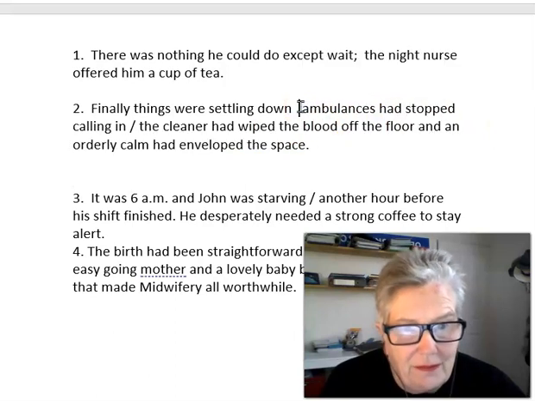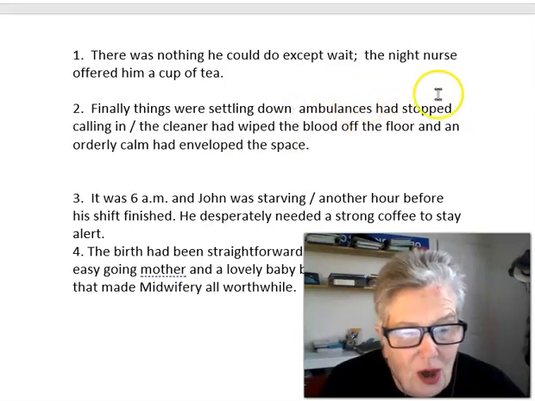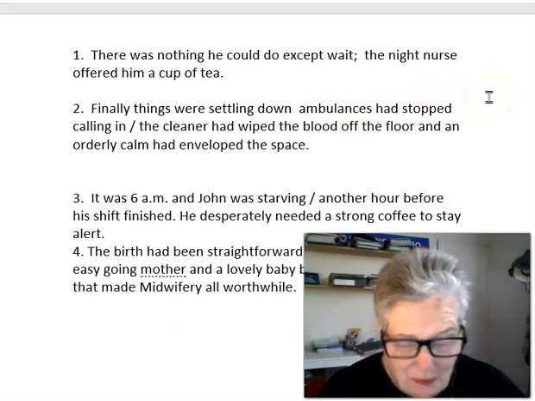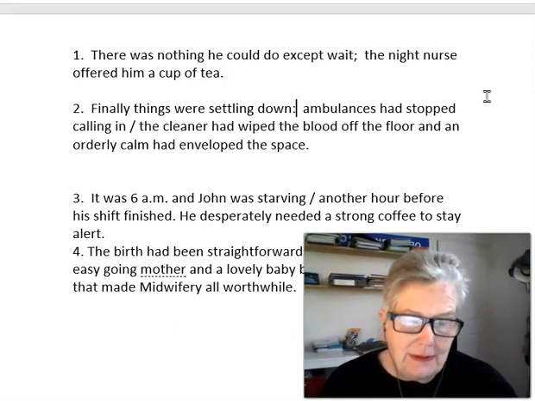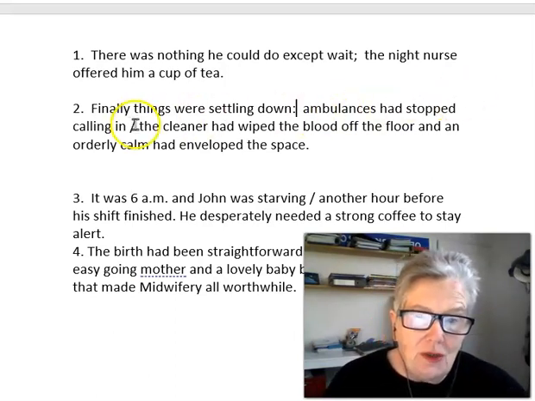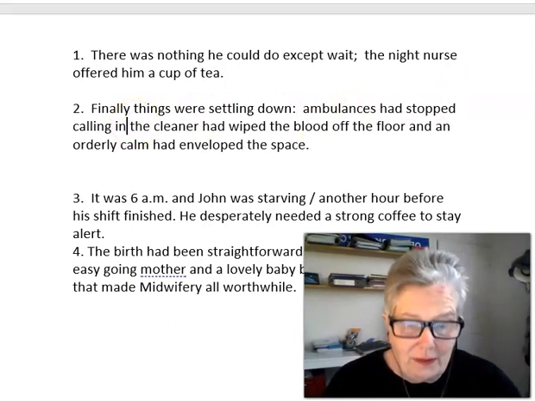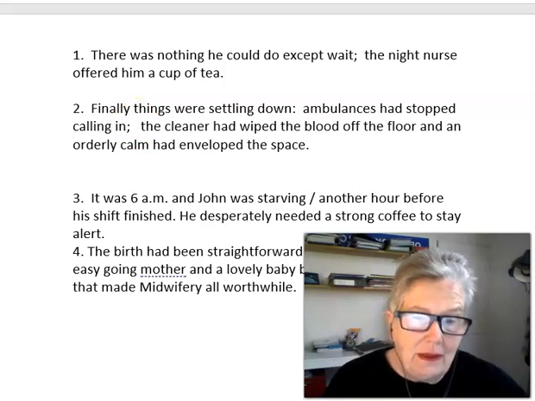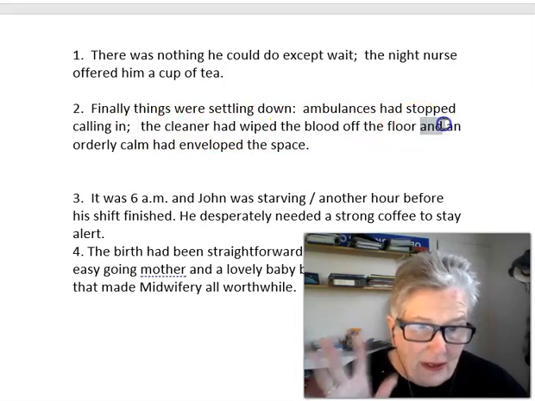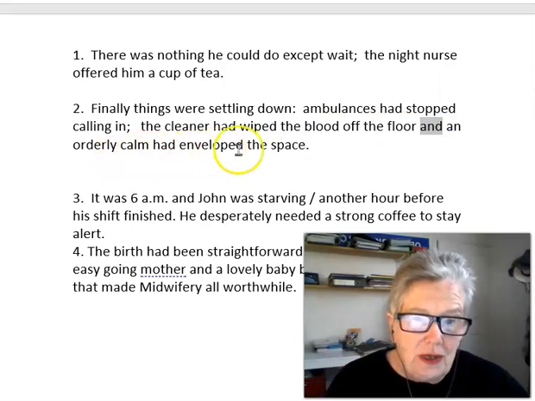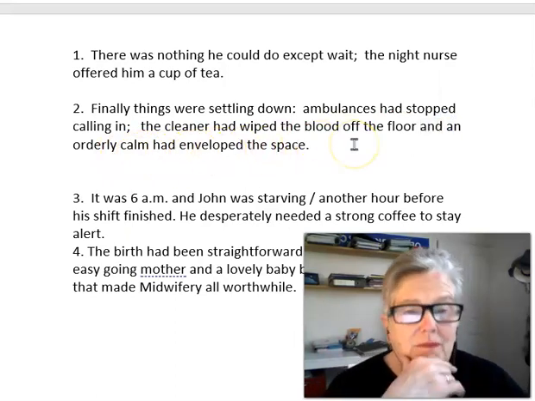They're all connected. But this is like a horizontal list to start with. So first of all, a colon. Ambulances had stopped calling in; semicolon; the cleaner had wiped the blood off the floor; and, this is the last bit, so no semicolon, and an orderly calm had enveloped the space, full stop.